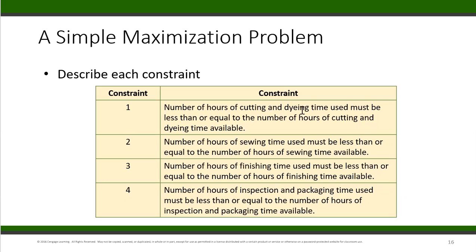So we have cutting and dyeing, where the number of hours available is limited. The number of hours for the sewing department is limited. The number of hours for finishing, inspection, and packaging. So 4 departments, 4 limitations, and 4 constraints that should be defined for this problem.